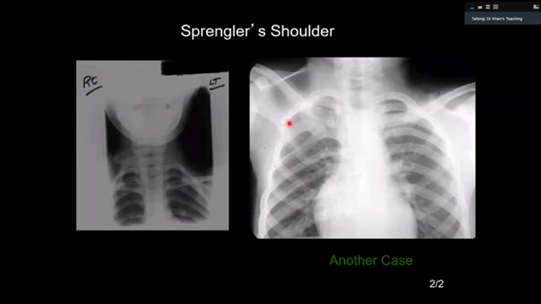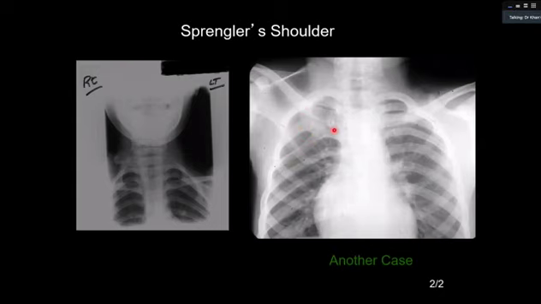Many a time there is no bone, and there might be a fibrous band which you won't see. Sprengel shoulder is also at times associated with other conditions. I'll come back to the conditions, but if you look carefully on this one, this is another case, you can see that there are some rib abnormalities.